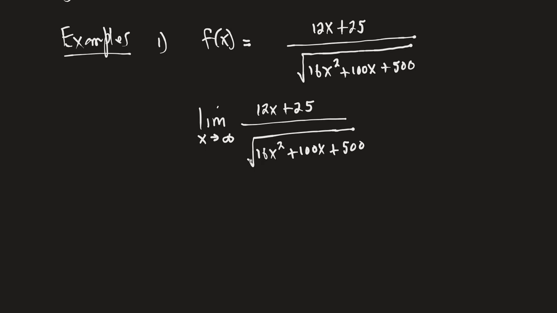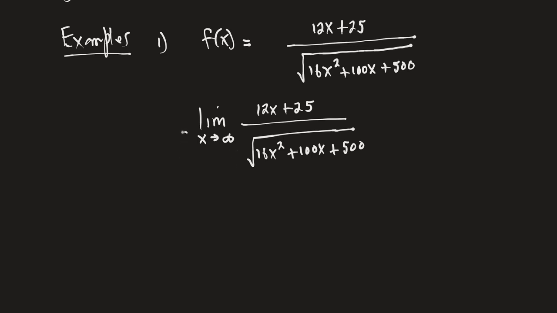So really, if you think of just the square root of 16x squared, then the square root and the square would cancel out, and you'd be left with the first power of x. So that's actually what you're going to divide. You're going to divide each term by x.